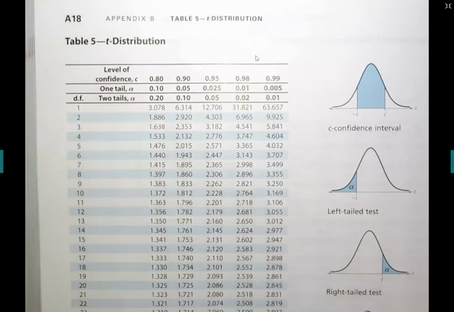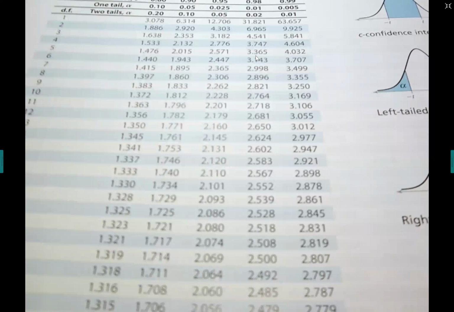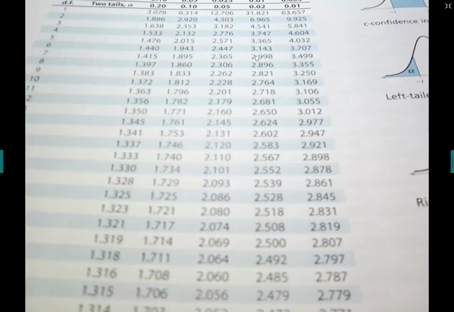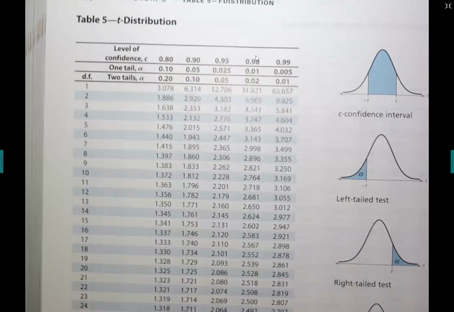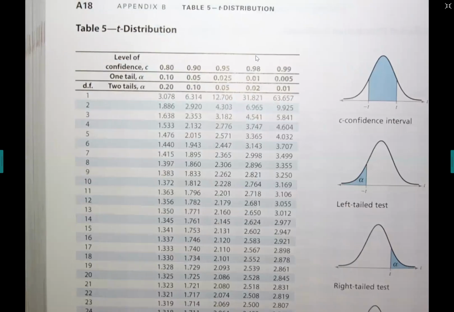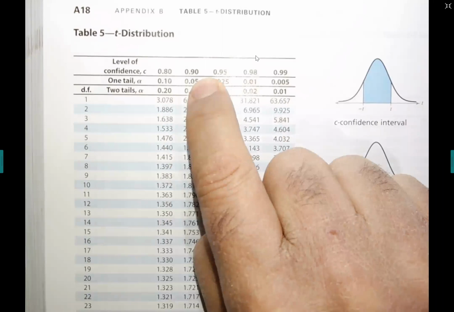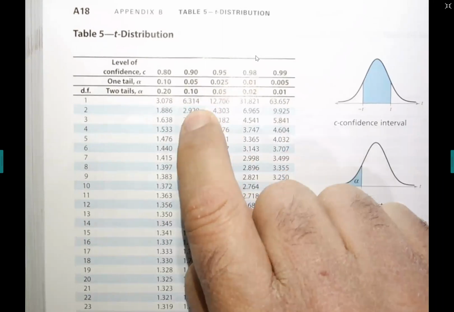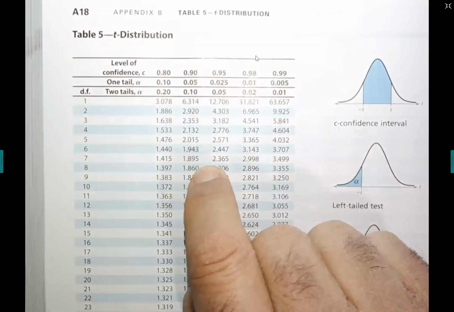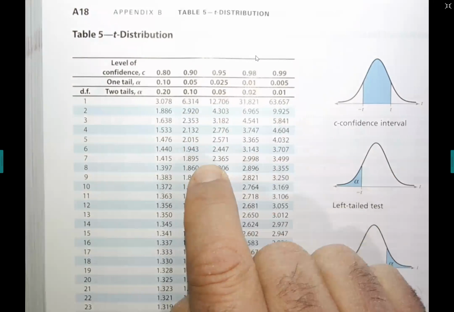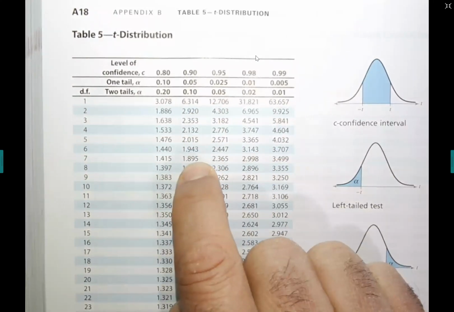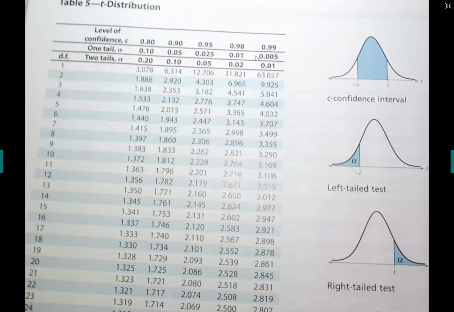We say alpha, I forgot what alpha was, 0.05 and 7. Watch. One tail, 0.05 is right here, and 7. Just scroll down to 7. And right there, 1.895. There you go.